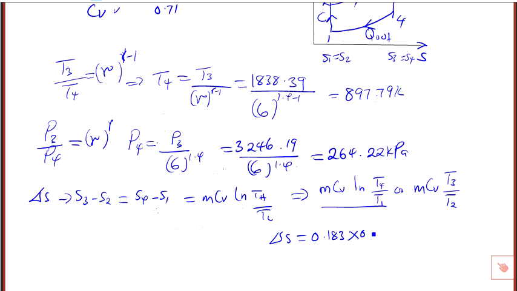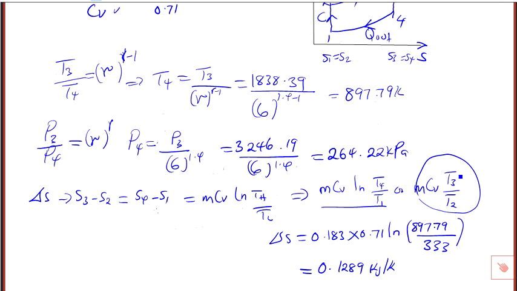Cv was given as 0.71, multiplied by ln of 897.79 divided by T1, which was 333 Kelvin, and this will give you 0.1289 kilojoules per kilogram Kelvin.